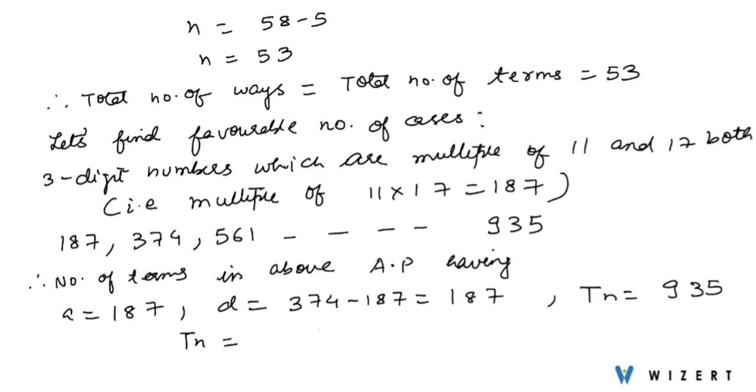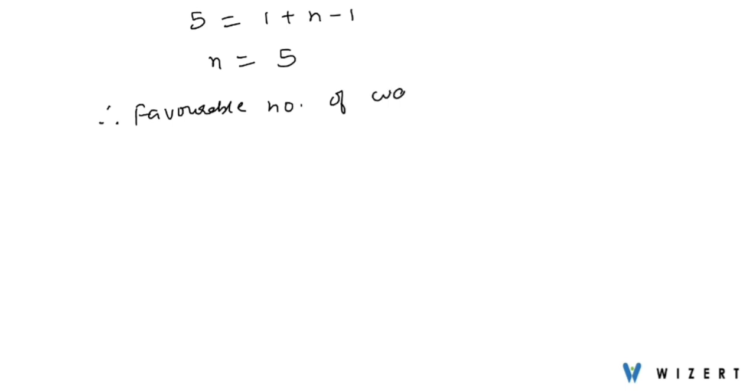Now let's use the formula for the general term of arithmetic progression, that is a plus n minus 1 into d. Let's substitute the values. So after substituting the values, we'll obtain the value of n. So the value of n is equal to 5. So this was our favorable number of ways. So the favorable number of ways is 5.